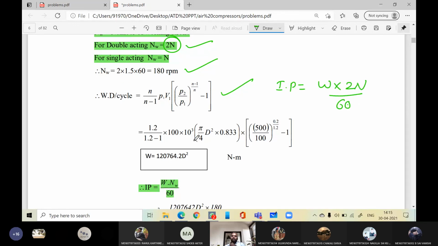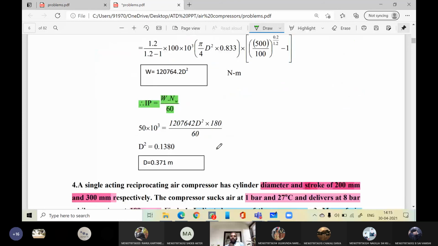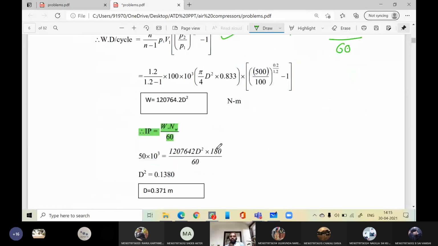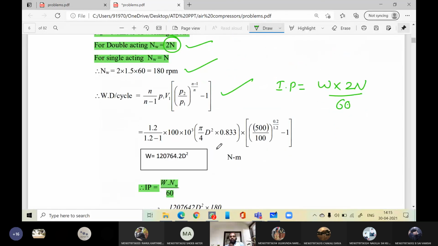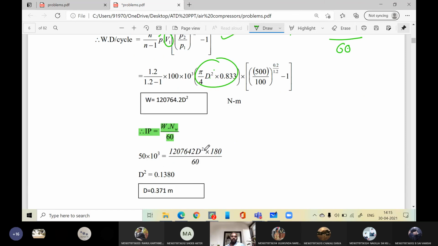What is unknown here? Diameter is unknown. P1 is known, V1 is known, P2, V2 are known. V1 is nothing but pi by 4 d square into L, where d is the unknown. From this, we calculate the d value.